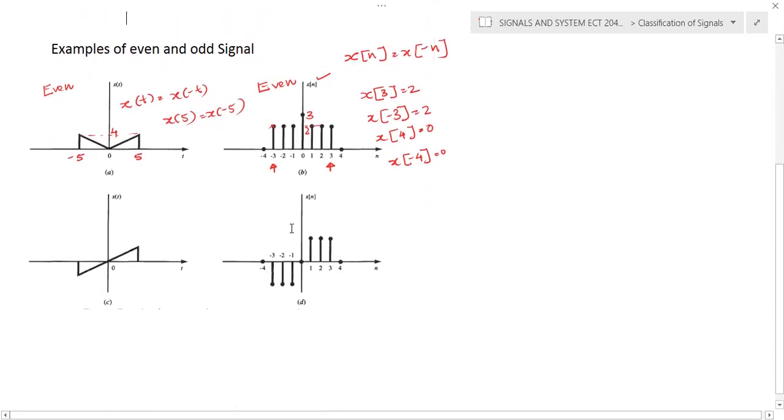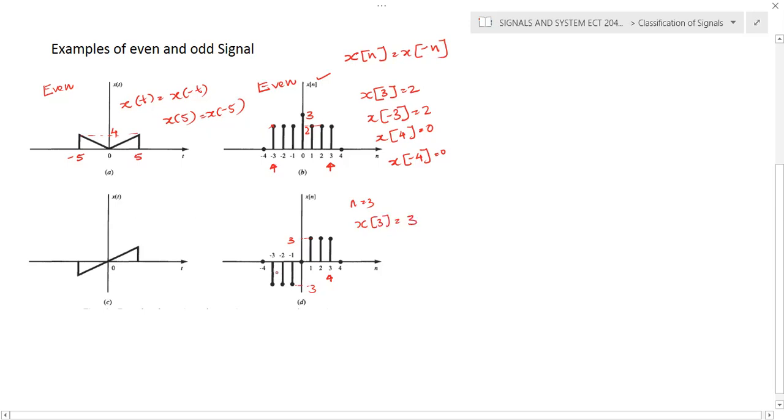Now we can see one example for an odd signal. If you observe this particular waveform, assume that the amplitude is 3 and minus 3. At n equal to 3, x of 3 is equal to 3.